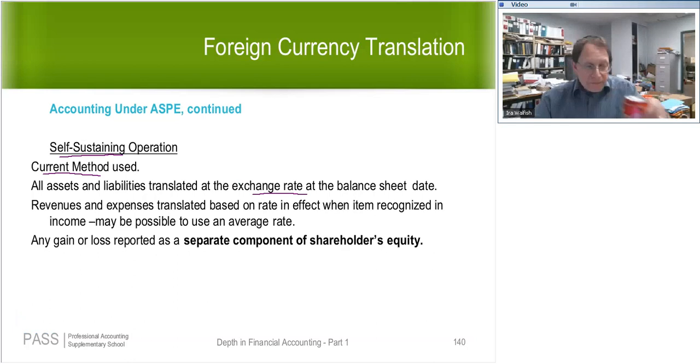Revenues and expenses, translate them during the year, whenever they occur. And yes, you're allowed to use an average rate. I don't have to use exactly every day. Let's say I pay rent every month on the 31st, at the end of the month. Do I have to translate rent at the end of every month? No. I can wait till the end of the year, add up my rent, divide by 12, whatever, and use the average rate.